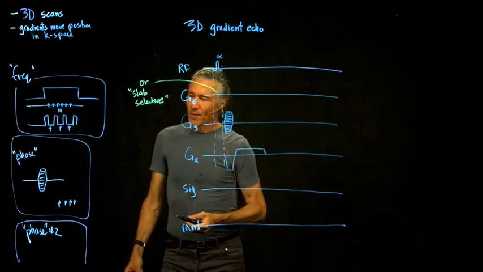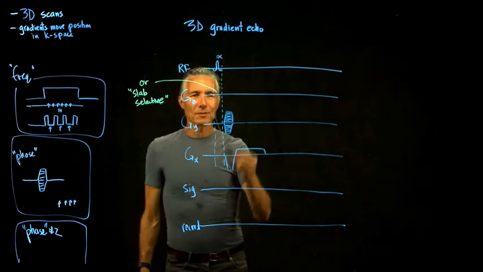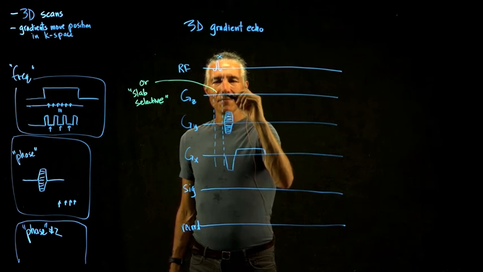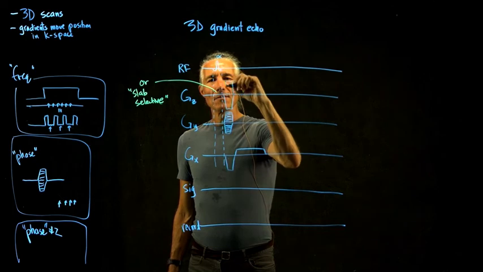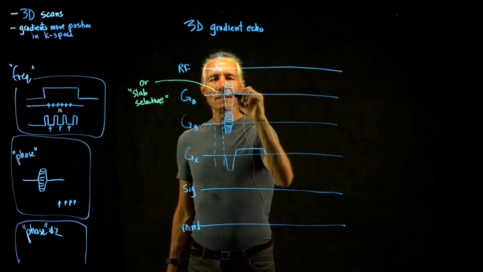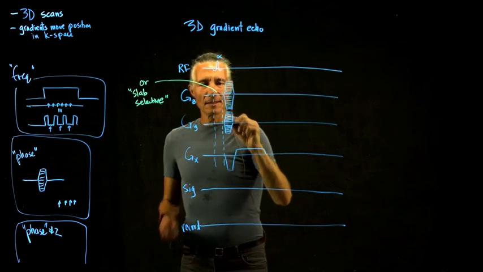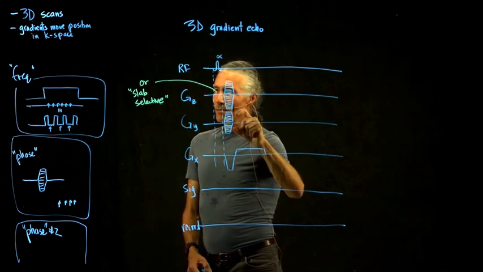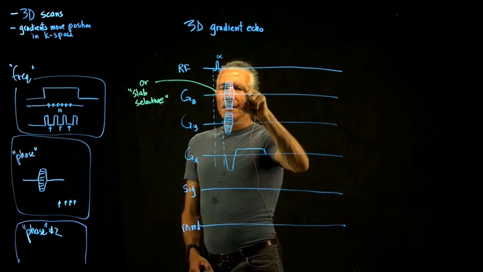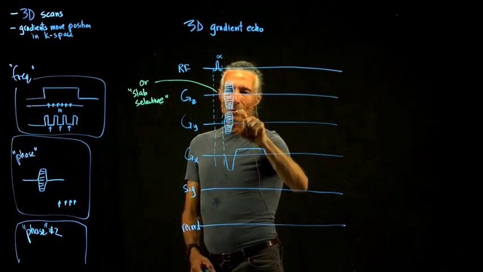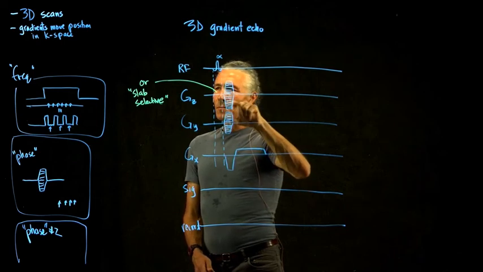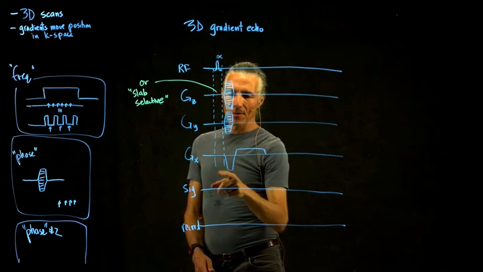But then how do you do another phase encode? Simple. You just turn on the Z gradient. So just turn on the slice select gradient. Now, when you look at this diagram, if there's 256 settings here and 256 settings here, that means we've got 65,000 combinations of these, and then do a readout for each of those.